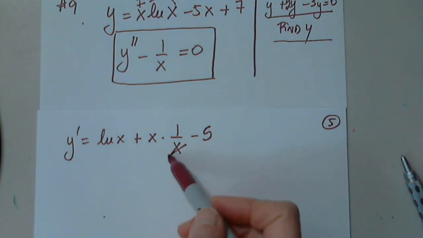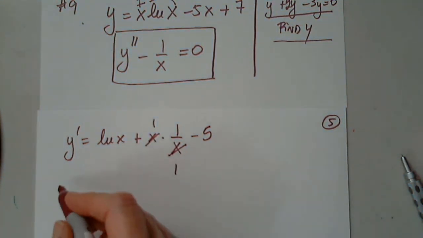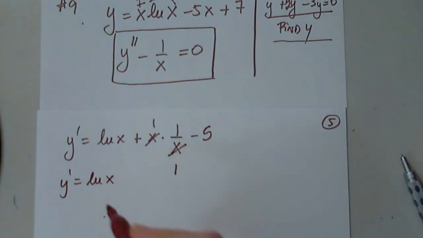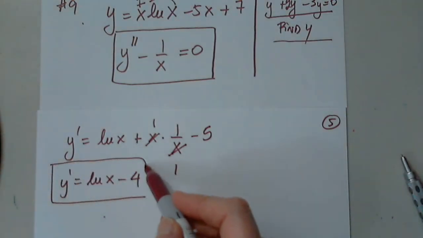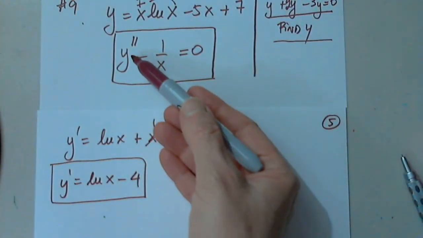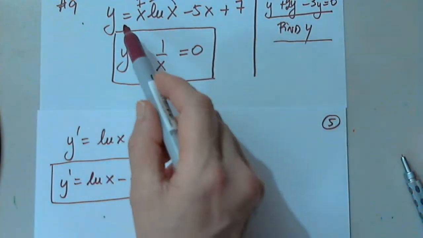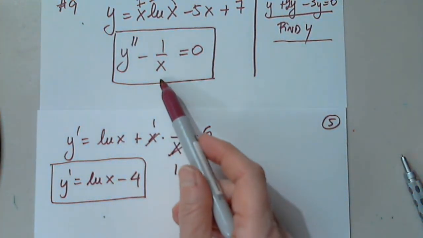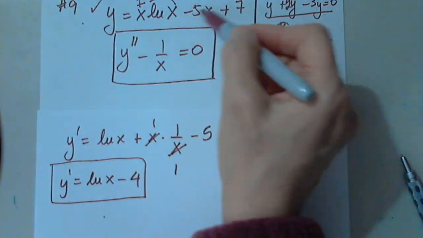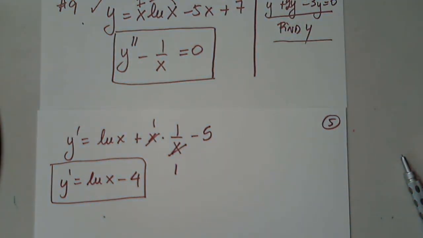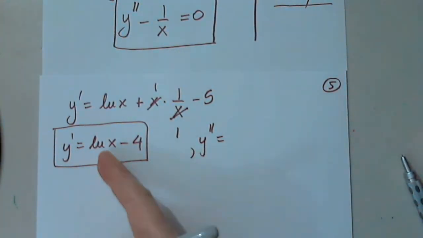Of course, I'll simplify 1 and 1, and I have 1 minus 5. So then y prime equals natural log x minus 4. Good, but not good enough. I need to find the second derivative. Plug it in and see if I get 0. If I don't get 0, I'll say this is not a solution of this. If I do get 0, I'll say yes, this is a solution of this differential equation. Okay? So the second derivative is 1 over x.